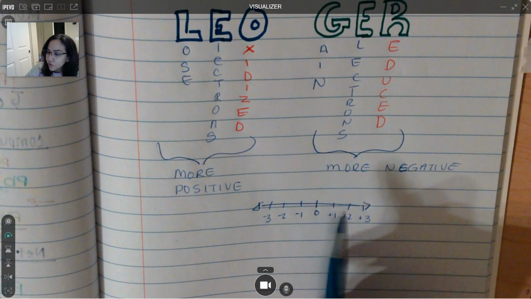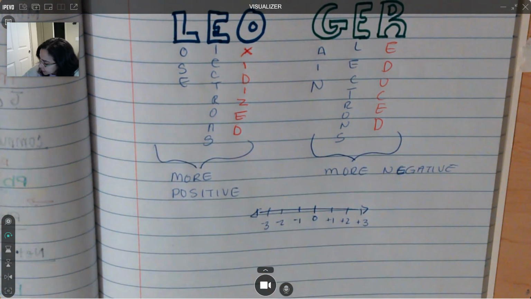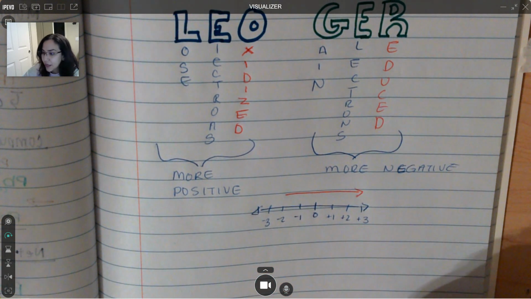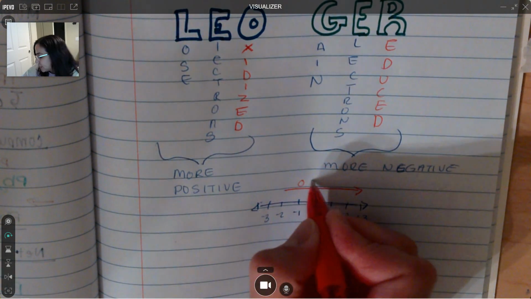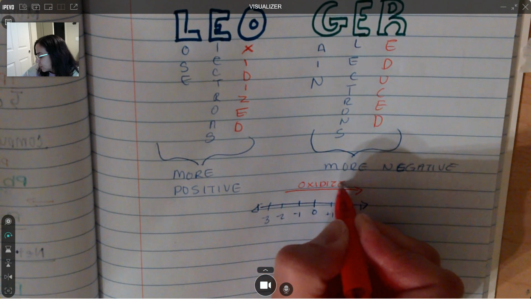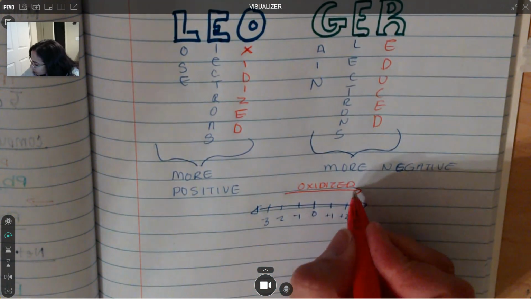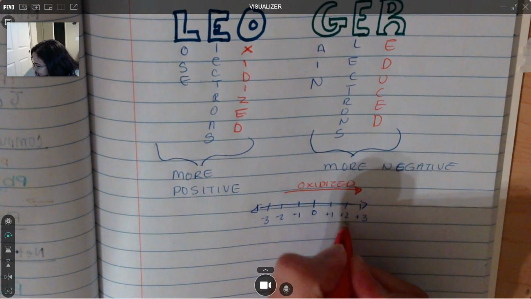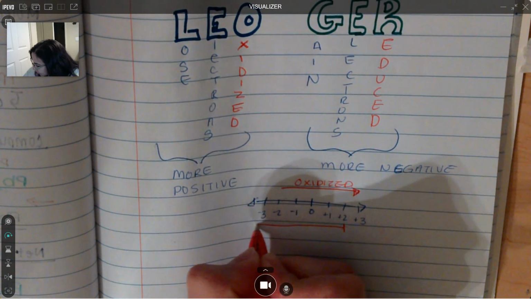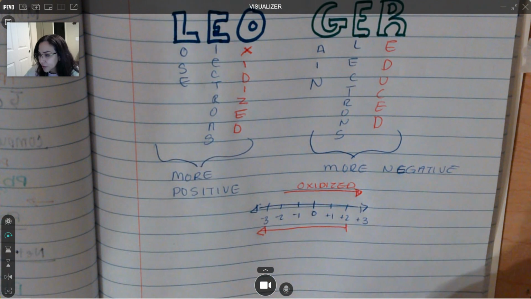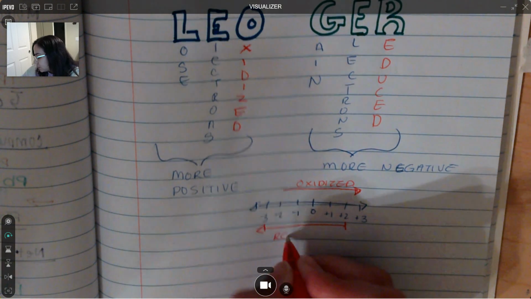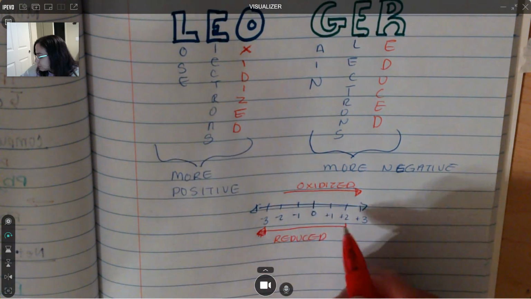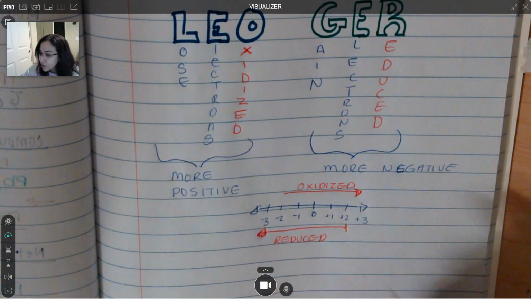So as you're moving around, if your arrow is moving more towards the positive side, then you're being oxidized. Now, if your arrow is moving the other way on the number line, then you're going to be reduced. So if you start off with something that's a +2 and you end up with a -3, you're reduced.